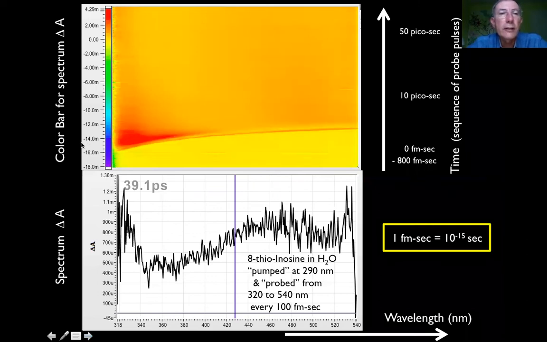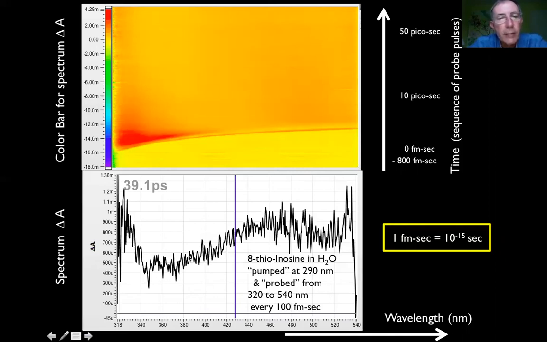So here the top is actually a 3D picture. In the direction up, the y-axis is time in femtoseconds and picoseconds. The x-axis at the very bottom is wavelength, in nanometers, from 318 to 540 in this particular case.